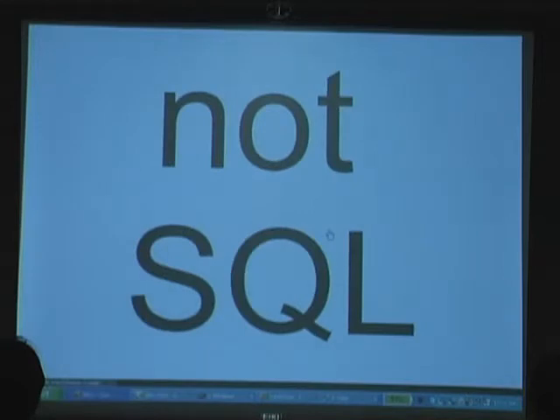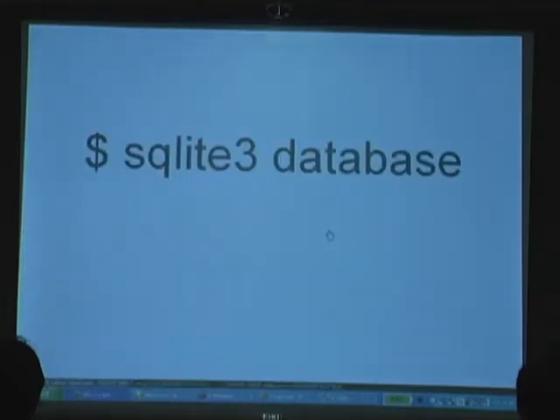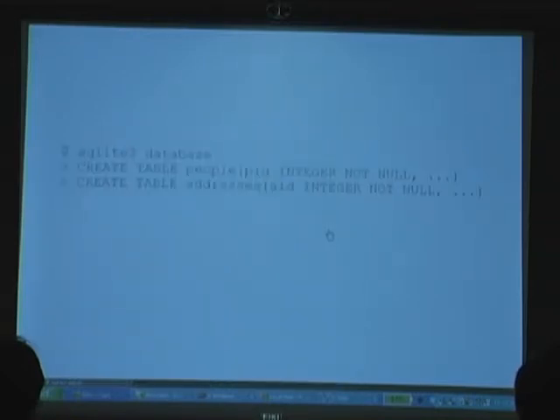You can write your app instead of worrying about what the SQL looks like. To get started with a very basic DBIx::Class application, we'll just use SQLite. The Perl version of SQLite uses the SQLite 3 library, so you probably have a command on your system called sqlite3. You run sqlite3 database, and this will create a database called database.